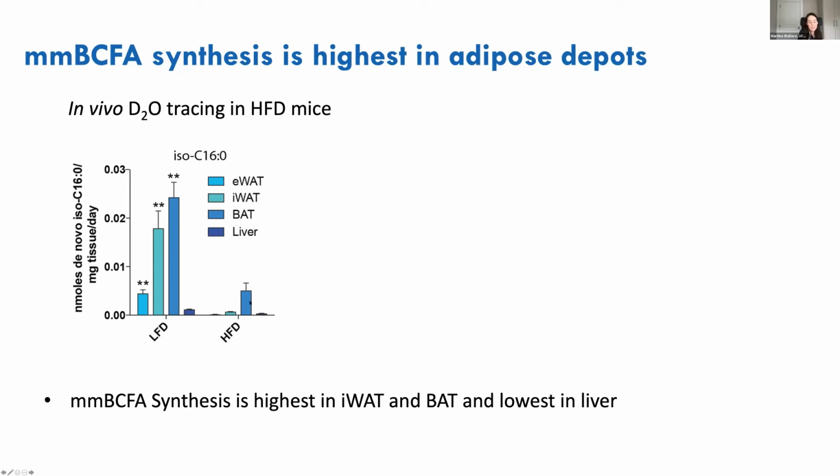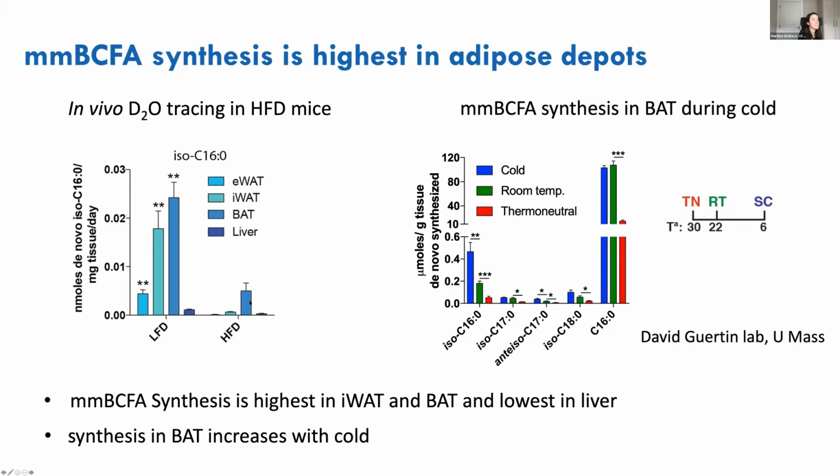And this synthesis was suppressed by a high-fat diet. And then because they were so high in brown adipose tissue, we decided also to look at how synthesis changes with exposure to cold. And we found that synthesis is actually increased in mice when they're exposed to cold temperatures.